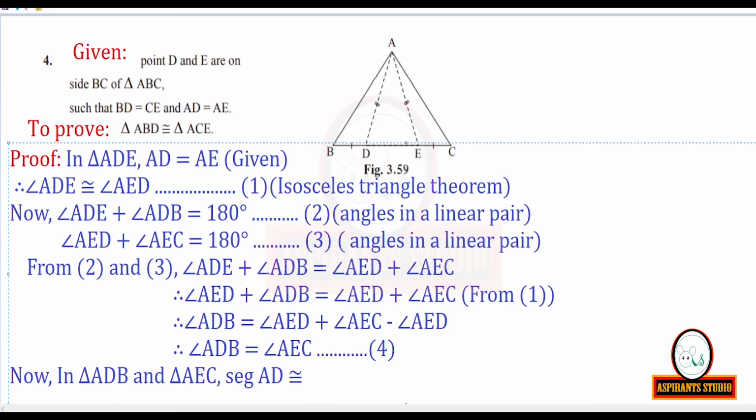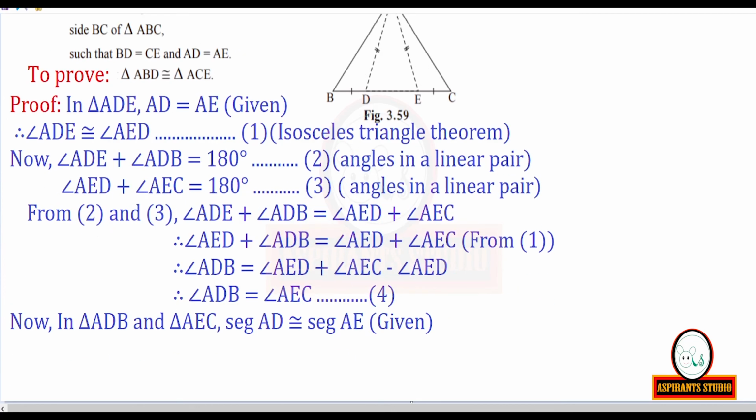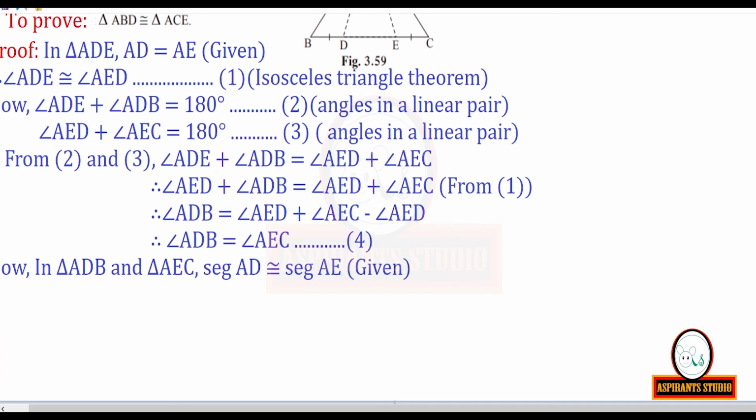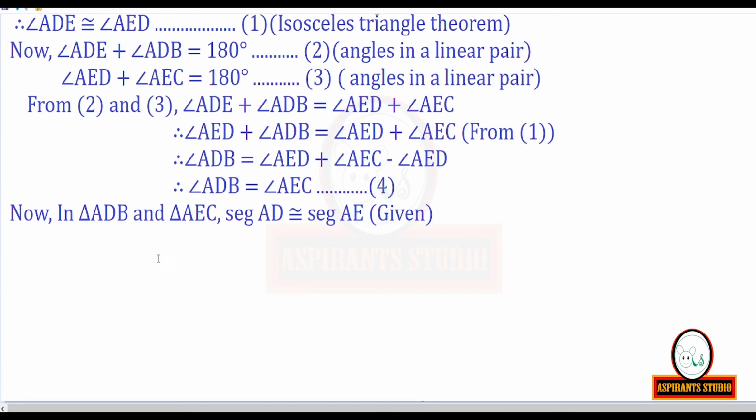Now we have kept it as equation number 4. Take that now. Angle ADB is congruent to angle AEC. From equation 4 that we proved now.